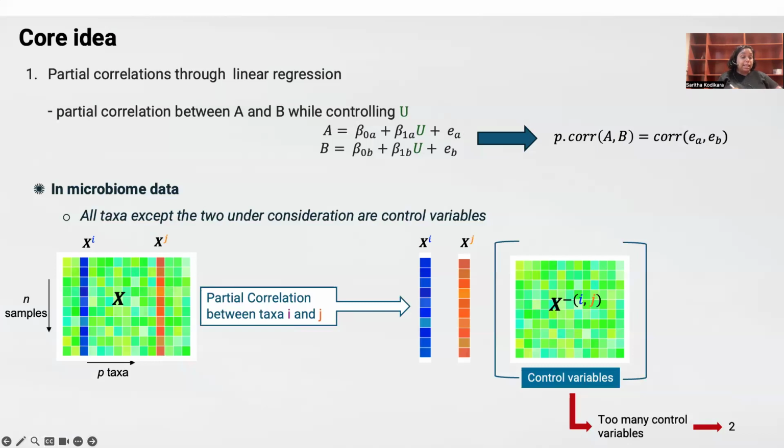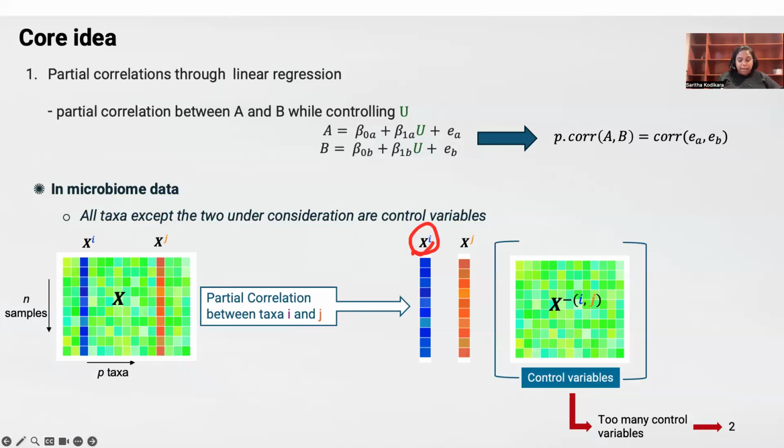Let's say that our main objective is finding the correlation or the partial correlation between the ith taxa and the jth taxa. Based on what I explained before about partial correlation, you basically have to run two regression models.